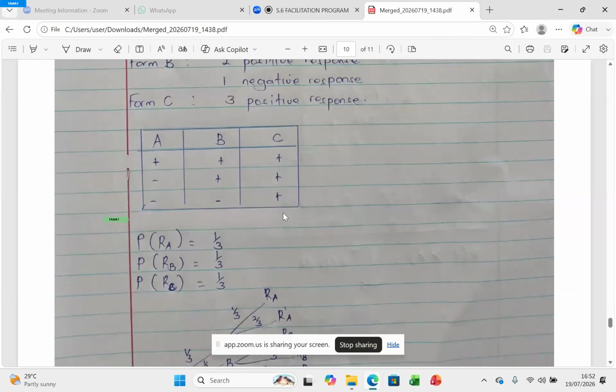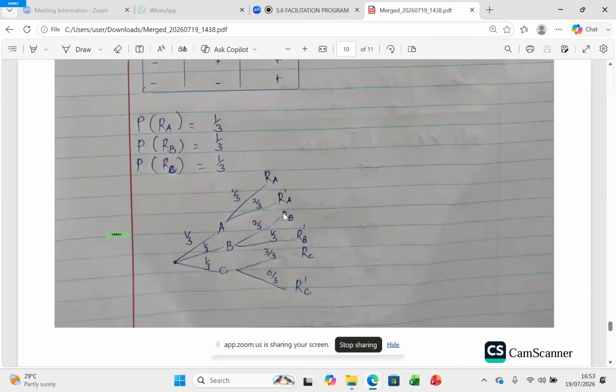Then, if you are not well conversant with the table, you can use the probability tree diagram, where we have the forms A, B, and C. And we also have the responses, only the positive ones, which we represented as RA.